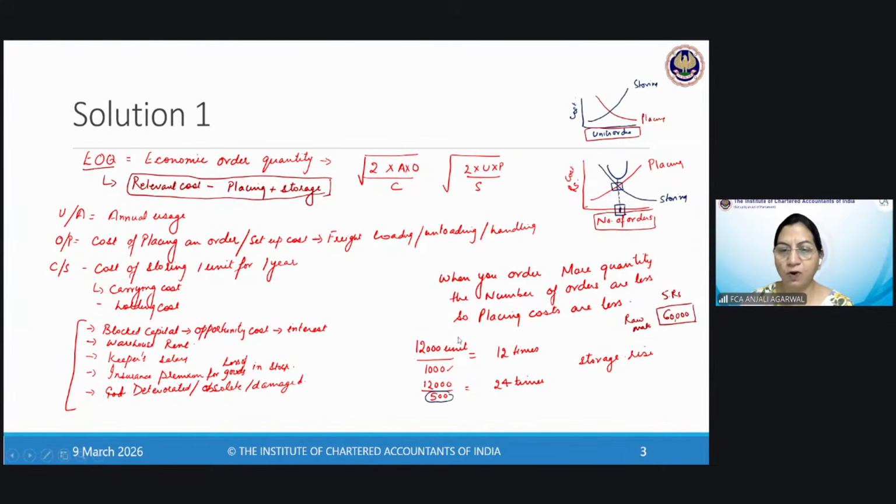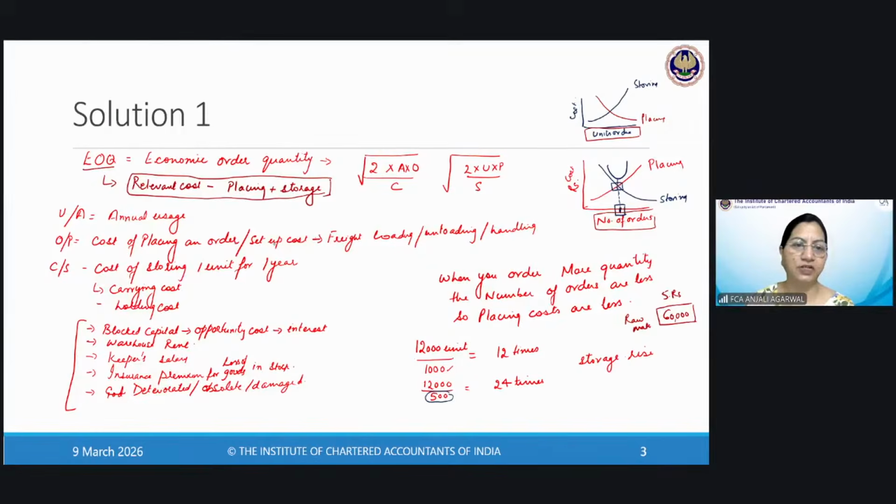But if you order two orders, that means 6,000 units at one go, you still have to incur 6,000 into 5, 30,000 twice. Purchasing, placing and ordering cost are considered the same here.